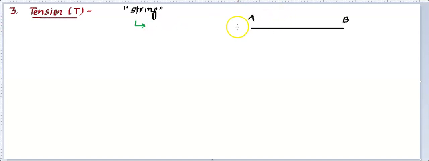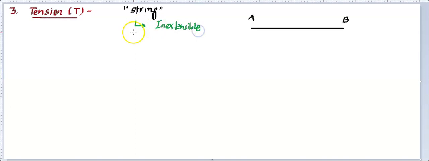Since length is constant, if you pull it, the length is not going to increase. Later on you'll find length will increase, but at the primary level we will consider that it is not increasing. So it is inextensible. That's the first assumption.